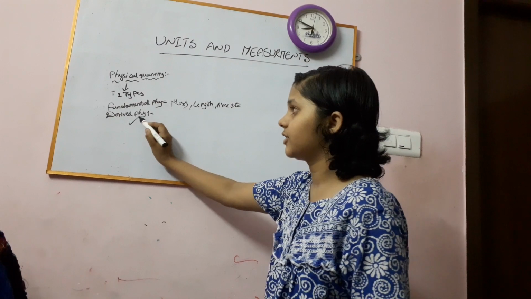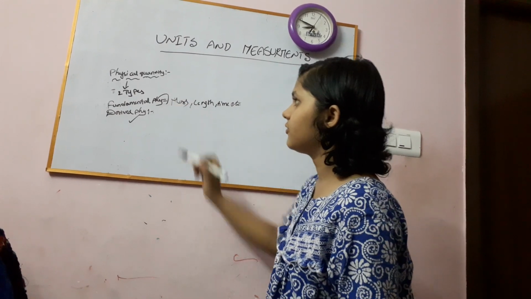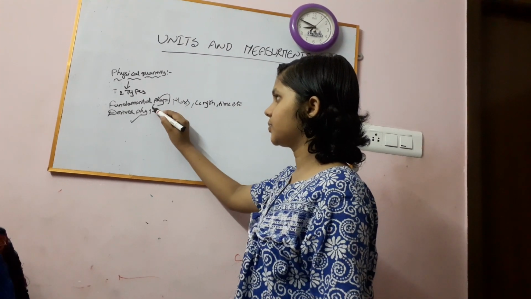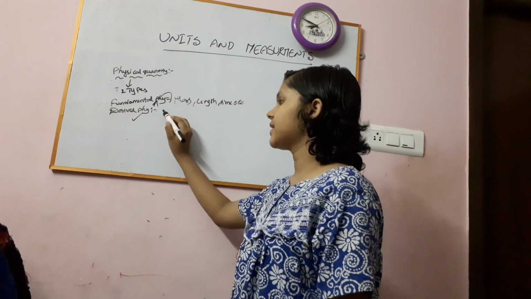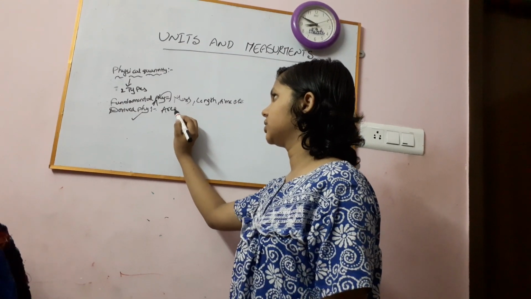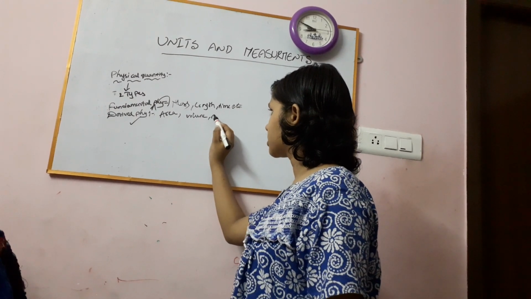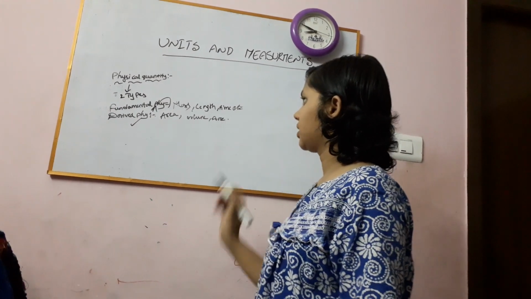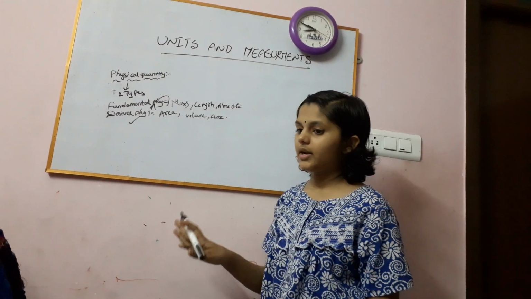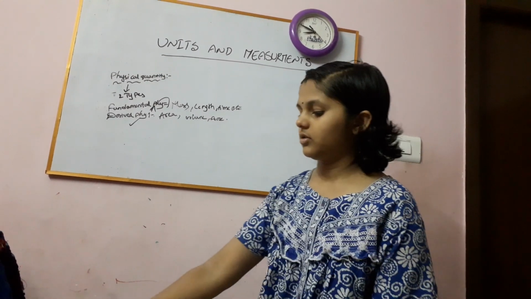A derived quantity is that which depends on fundamental physical quantities, for example, area, volume, force, etc. Now, let us learn about them.